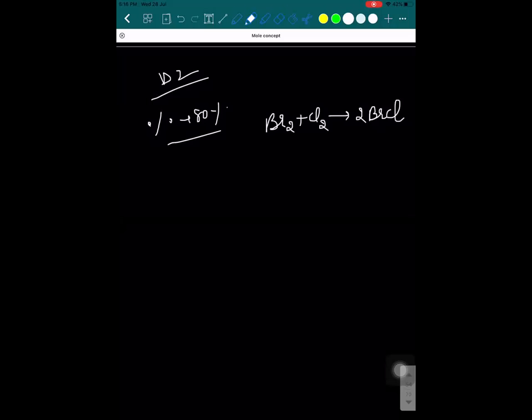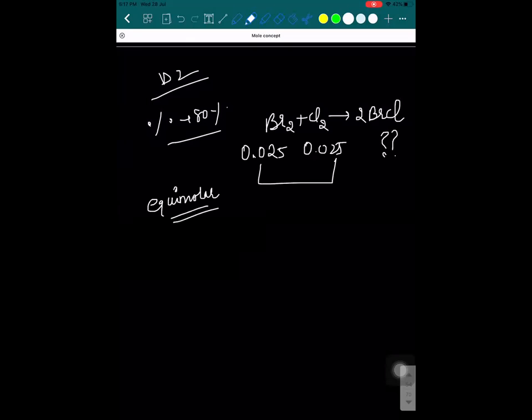How many moles of BrCl will be formed after reaction with 0.025 moles of bromine and 0.025 moles of chlorine? Who is the limiting reagent? No one. Yes or no, Tarun? It is an equimolar reaction. Because equal moles are there, no one is the limiting reagent, isn't it? So you can calculate it from anyone.